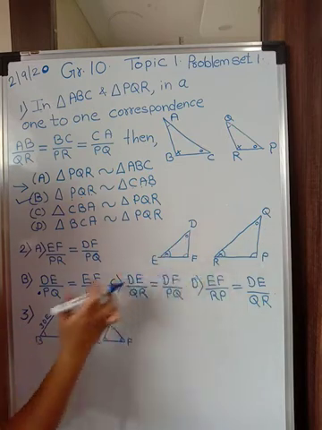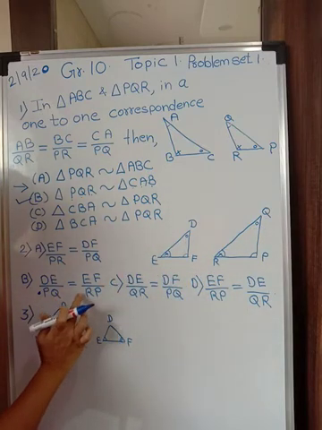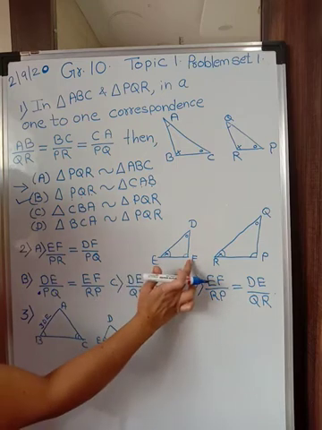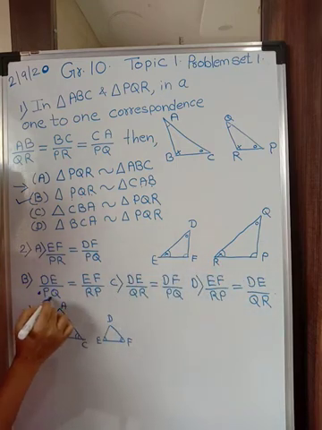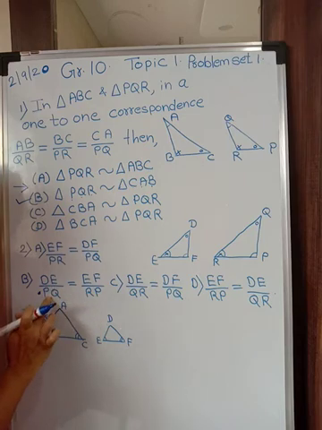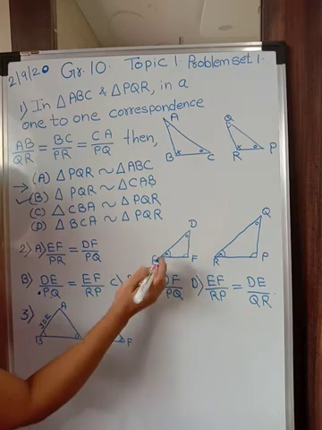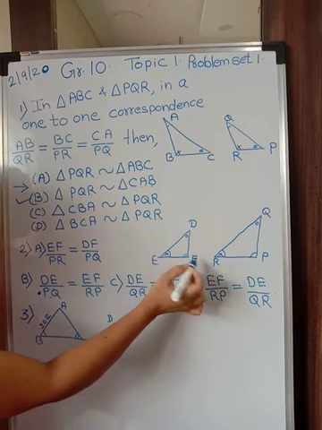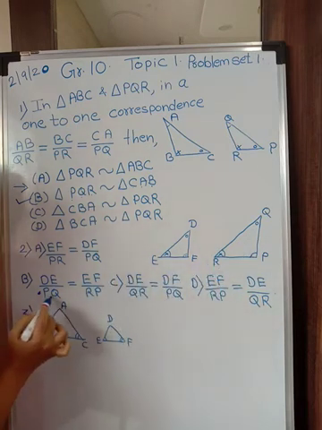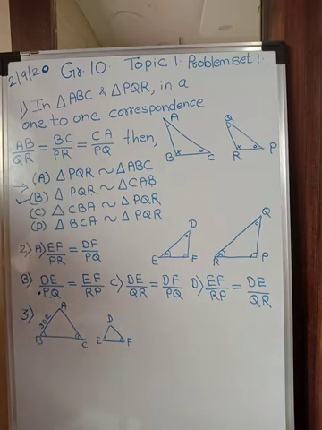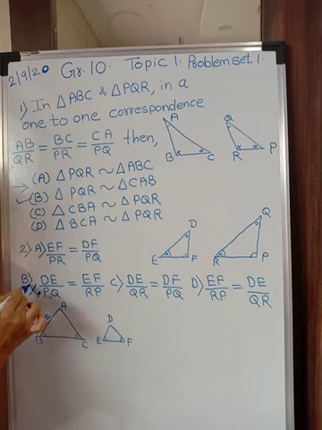So EF upon RP is correct, but this is wrong, you can see. They have written DE upon PQ. See, opposite to DE is angle F. Angle F is equal to P. So it should be DE upon QR. They have written PQ. So this is the false statement. Okay. So this is wrong.